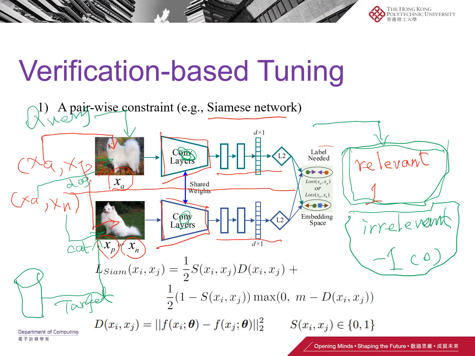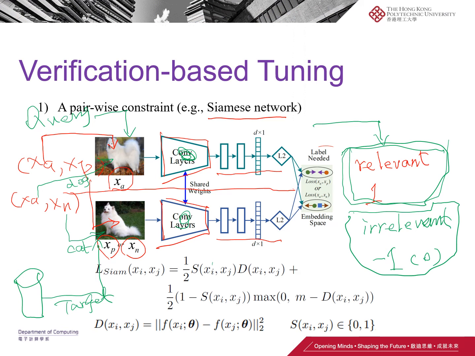Then this neural network will tell us whether it's relevant or not. That's the prediction of this neural network. Then you can use a classification framework for retrieval. Then you can create a rank list based on the prediction. So that is the idea.